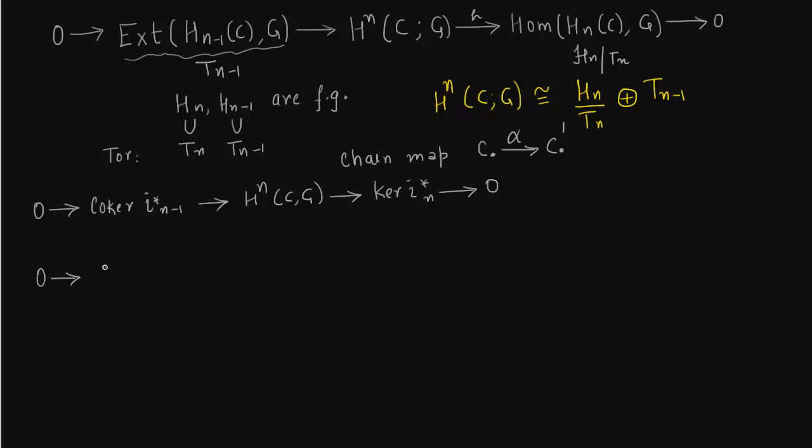So the first chain, of coker i star n minus 1 to cohomology group to kernel of i star n, is related with chain complex C, and the bottom one is related to chain complex C prime.